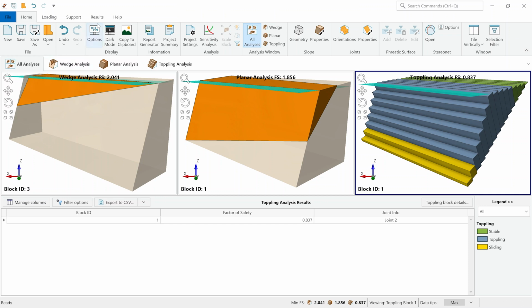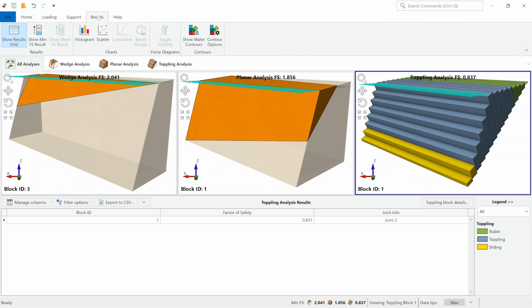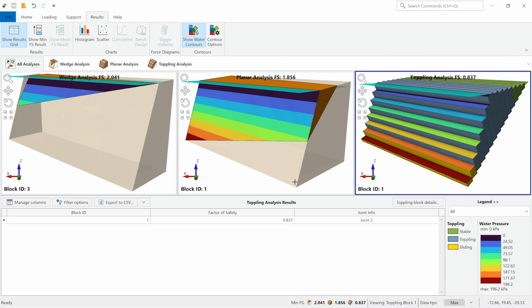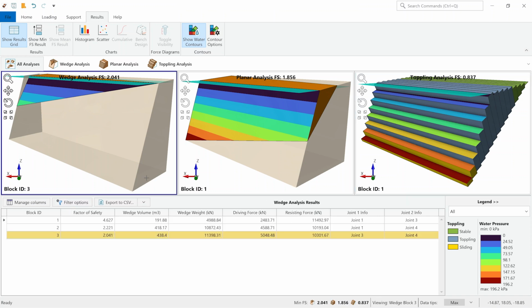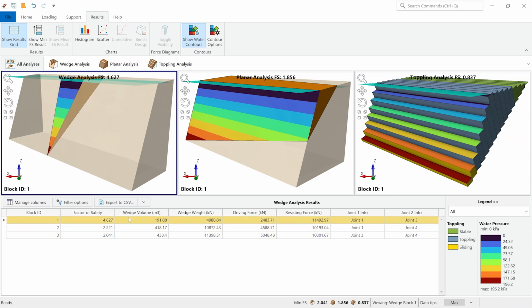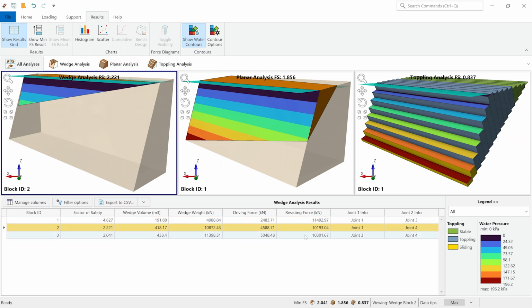This can be done by going to the Results tab. By clicking on Show Water Contours, users will see the water pressure on each block for each analysis. For example, looking at our wedge analysis, we see that there are 3 blocks being formed, and we can investigate the water pressure effects on each of these blocks by simply double-clicking on the row of interest in our results grid.